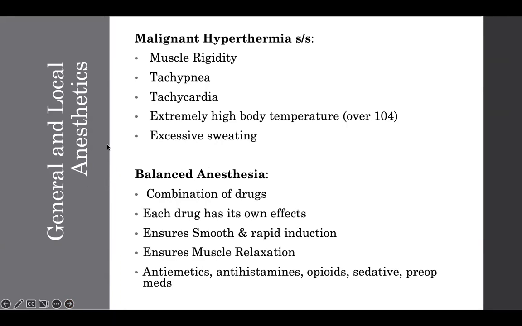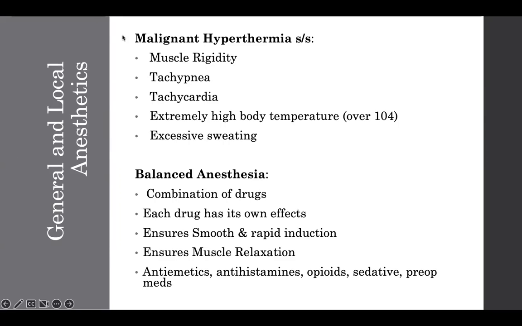So these are a couple of terms that have to do with general and local anesthetic. Malignant hyperthermia is basically when a patient's body temperature goes over 104 degrees. This is really dangerous. It's an emergency, and a lot of people who end up with malignant hyperthermia die because of it.